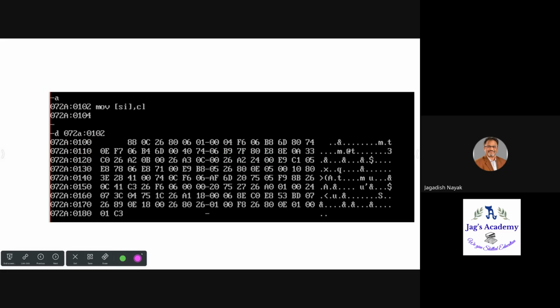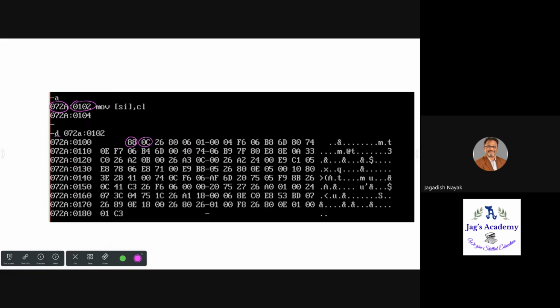How is it stored in the memory? Can you see this? Suppose you have a data segment and a code segment, this 880C is stored here. 880C is stored in the memory because I'm using the code segment with the offset address.